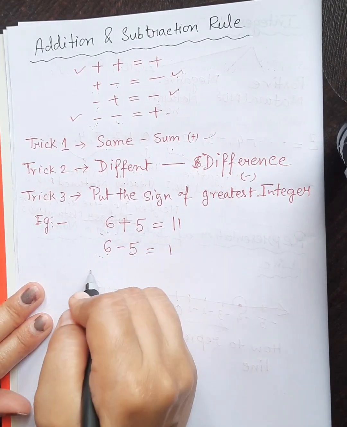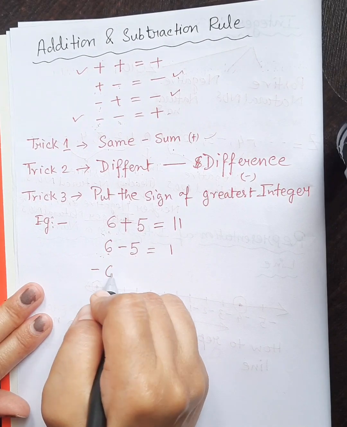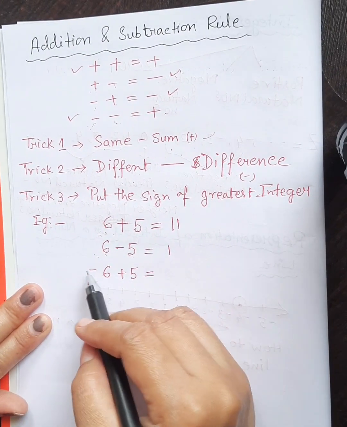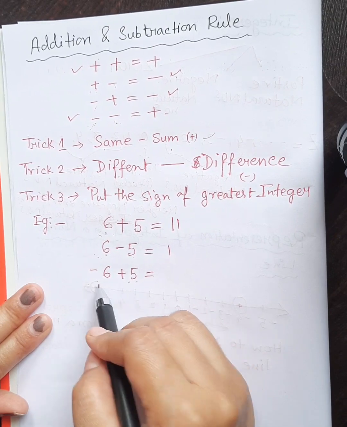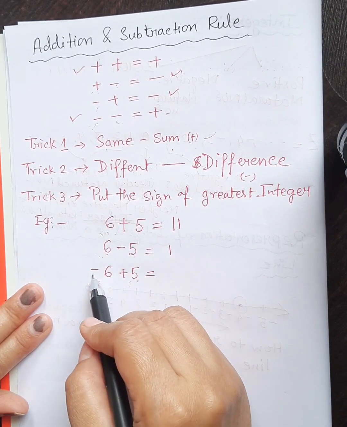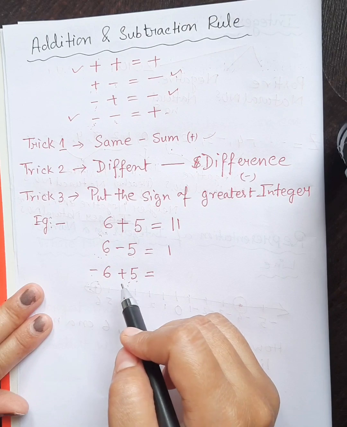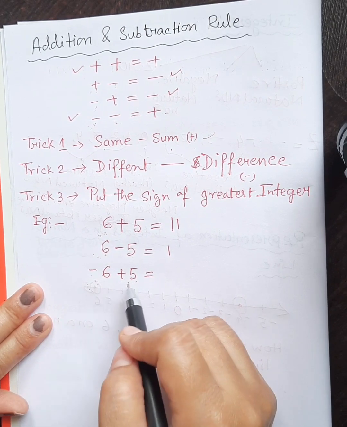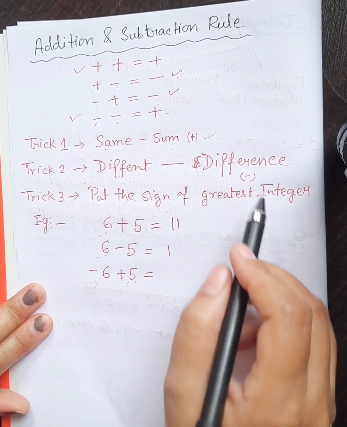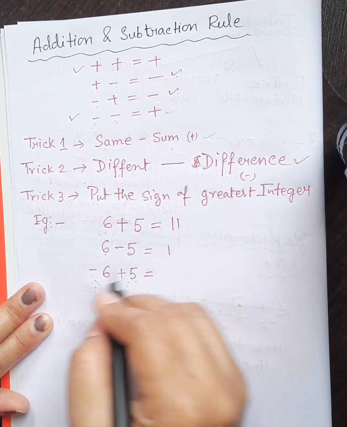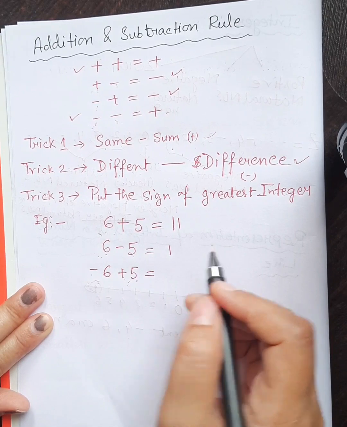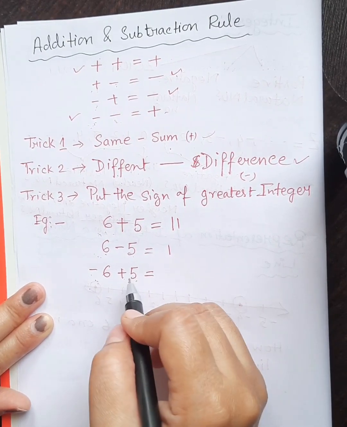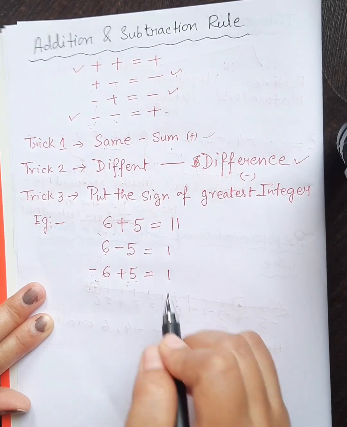Up to that it is very easy. But if the question is minus 6 plus 5, see, the signs of both the integers are different, because this is minus and this is plus 5. That means we can find their difference: 6 minus 5, 1.